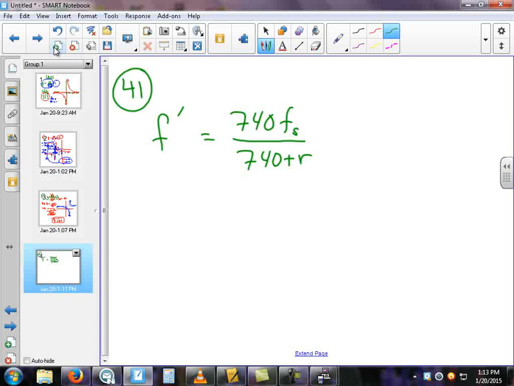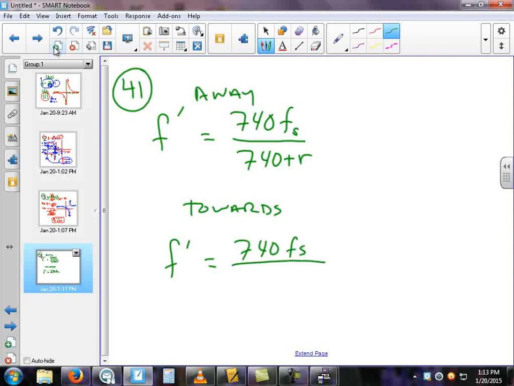Now this is for when it is moving away from you. Okay, so this is away, and when it's coming towards you, it's f prime equals 740 fs over 740 minus r.